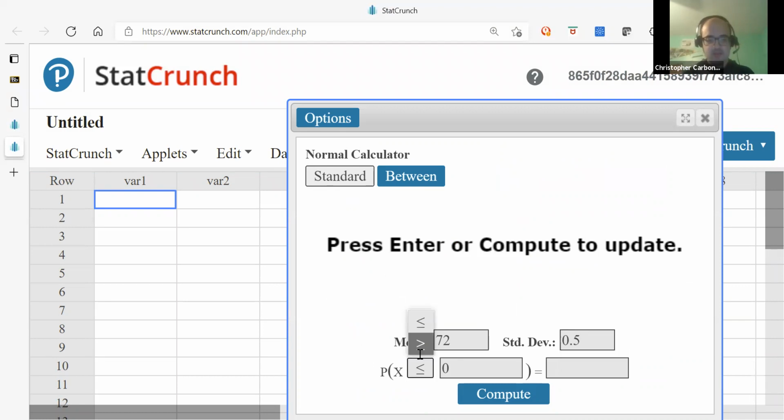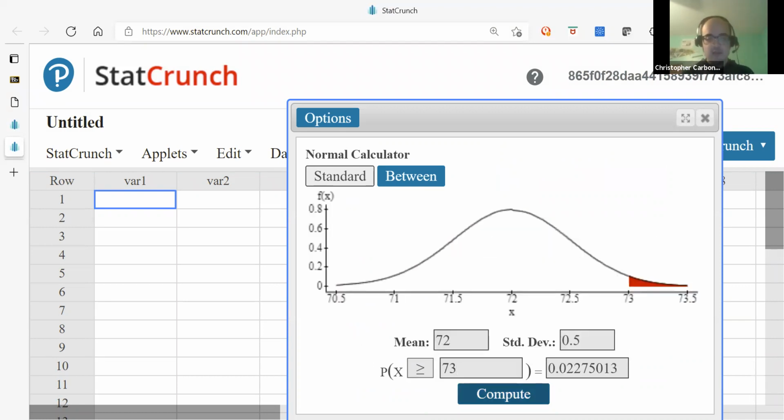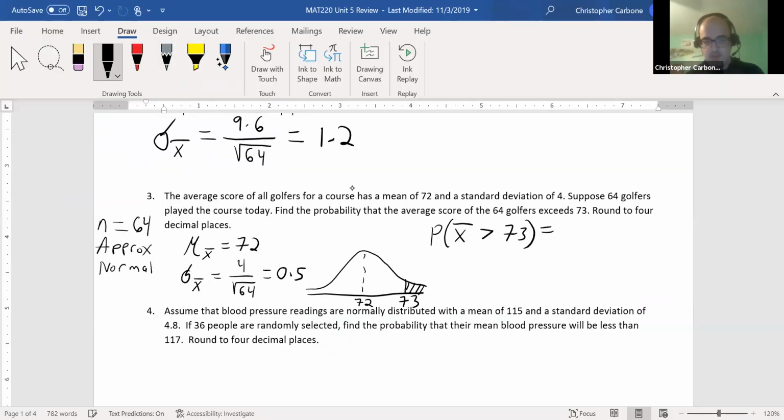Now the probability our sample mean is greater than 73. And we could see from this that we are going to get a decimal of about 0.0228 in this case. So just to write that in our problem here, this would be 0.0228.